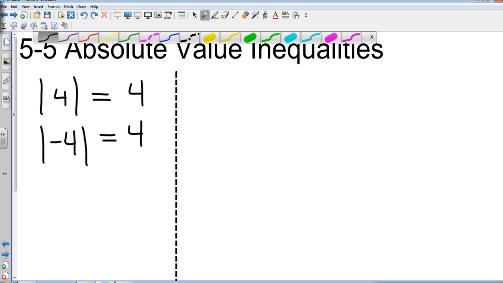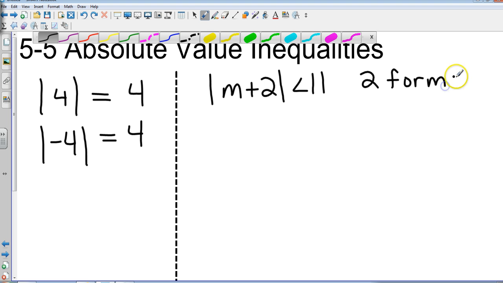When I take the equation, the absolute value of m plus 2 is greater than 11, I'm going to have to write that in two forms. I'm going to eliminate the absolute value brackets, and my first form is just m plus 2 is less than 11.